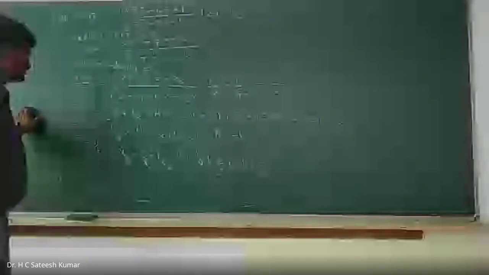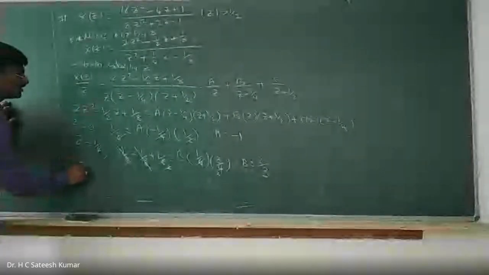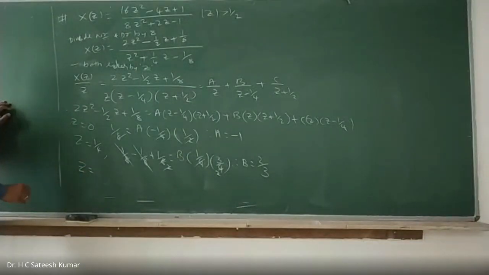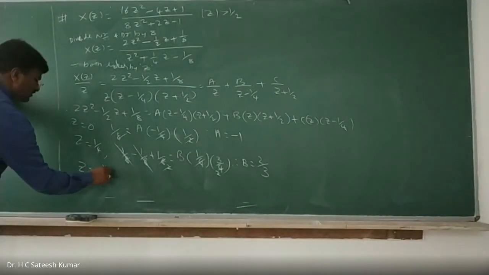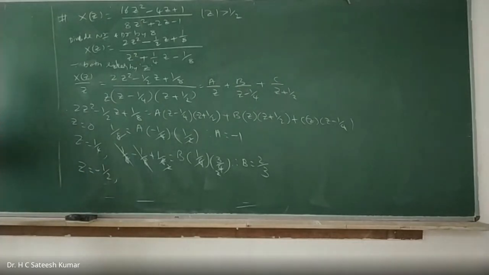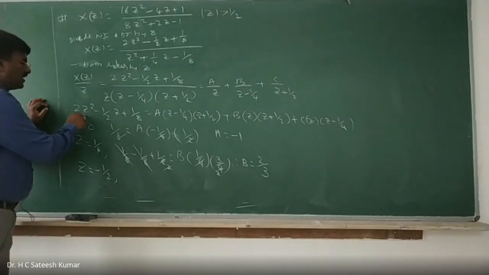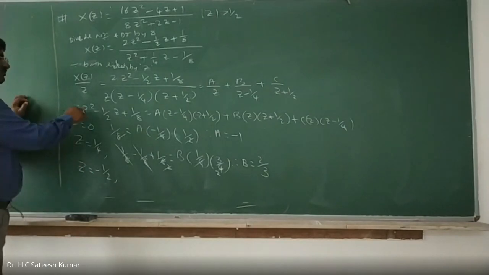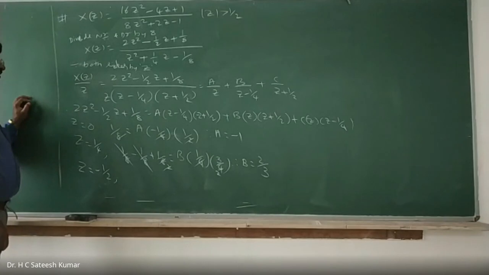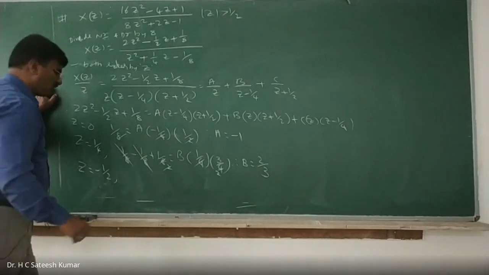Okay, right. Put z is equal to, what is that we have? Minus half. Z is equal to minus half. So therefore, what will you get? Minus half whole square is 1 by 4. 1 by 4 into 2 is 2 by 4, which is 1 by 2.